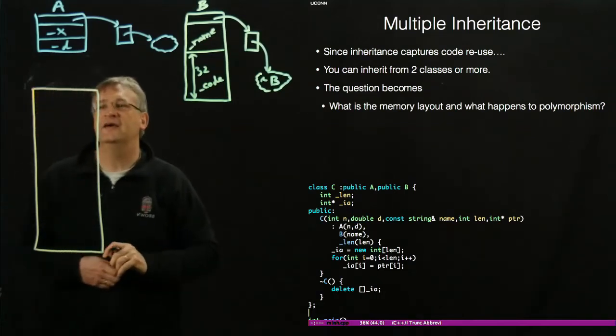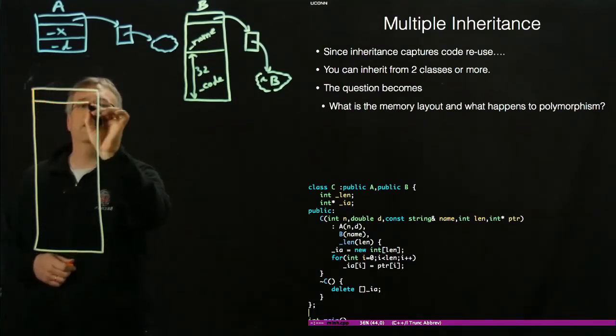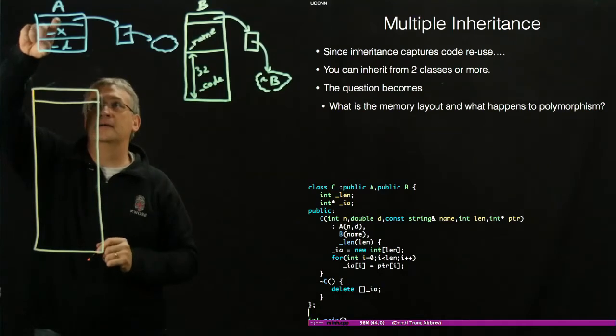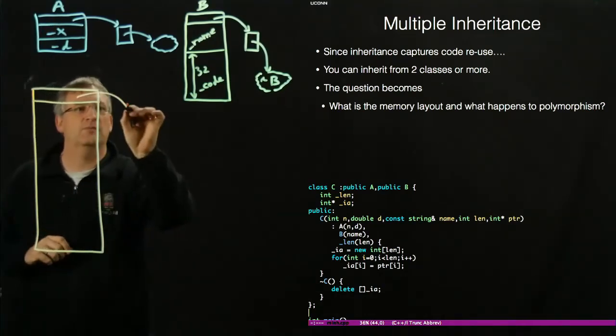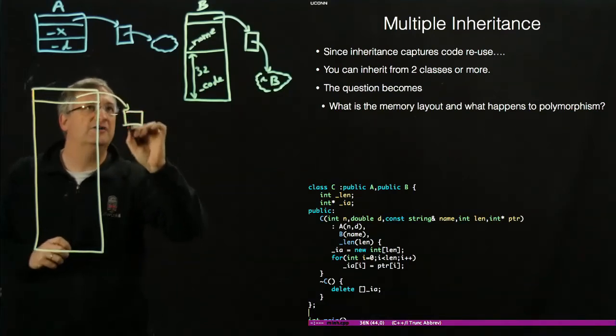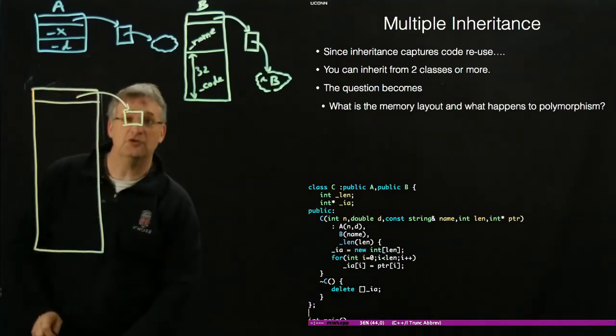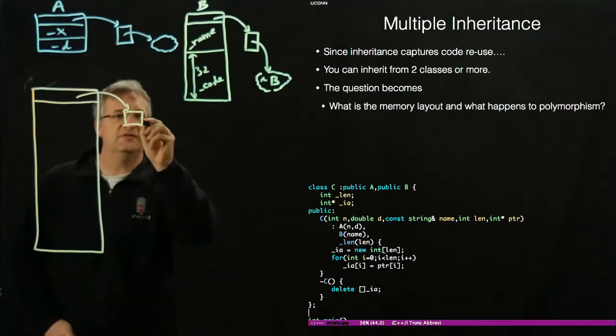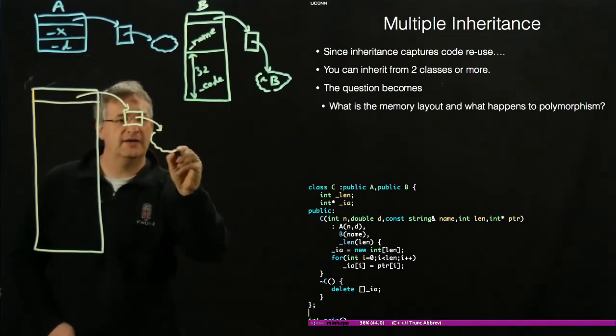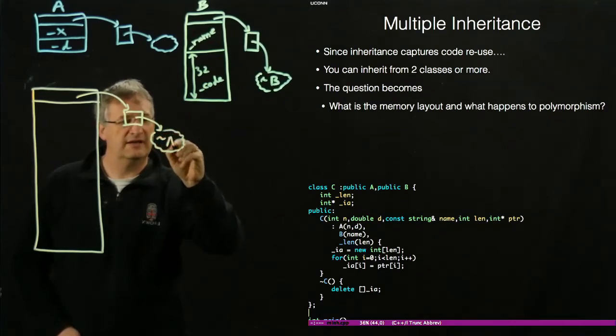I have a pointer to a VTBL here. So I have that pointer to a table. And just to make it completely clear, I'll draw it like that. And it's pointing to my tilde A destructor.